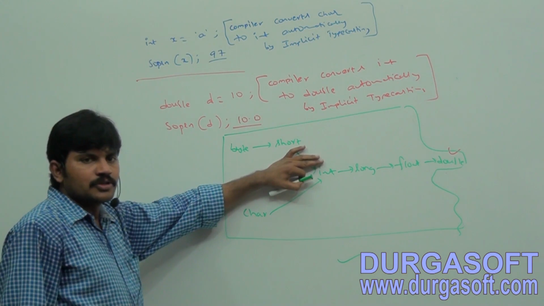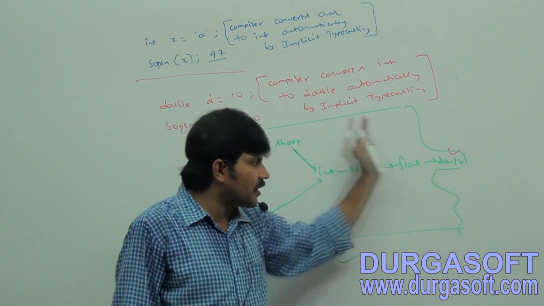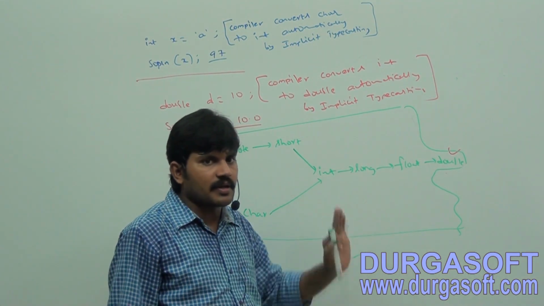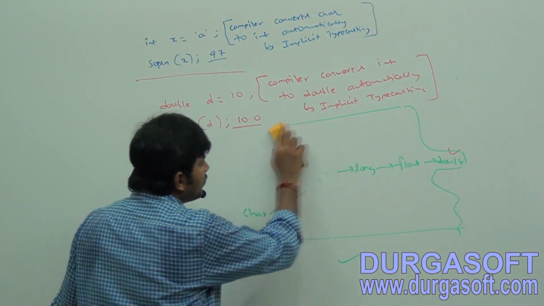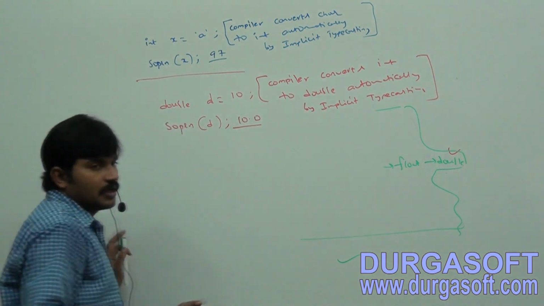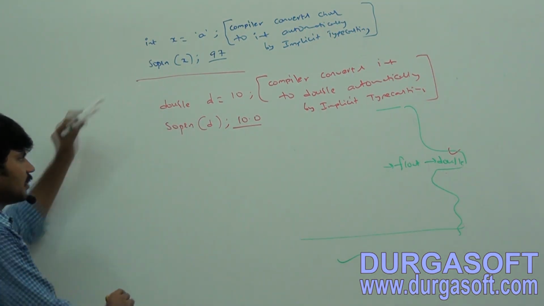Have we completed, right? So do you know, smaller type to bigger type? If anywhere a small type to bigger type is acceptable, internally the compiler is responsible to perform this conversion, right? Okay. Now, example 1, example 2.